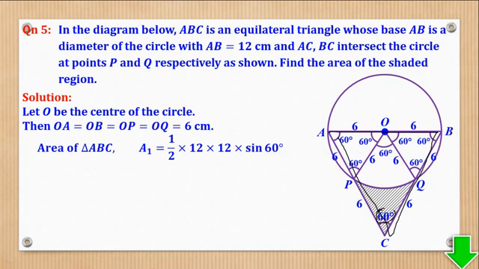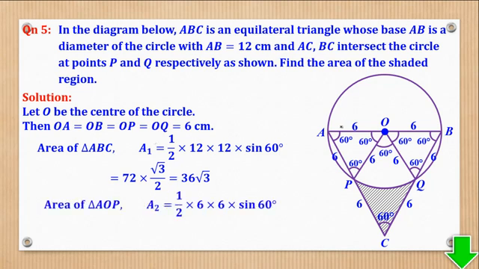If I choose this 60, the enclosing sides are each equal to 12. So half times 12 times 12 sine 60. Sine 60 is a particular angle which is √3/2. So I come up with 36√3 as the area of triangle ABC.